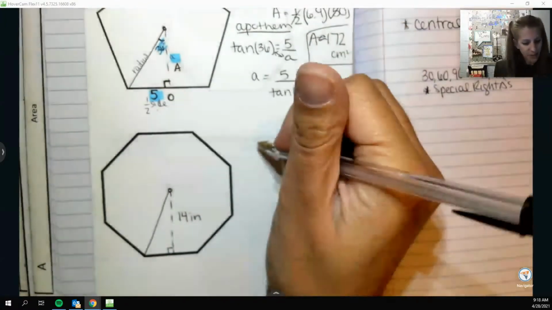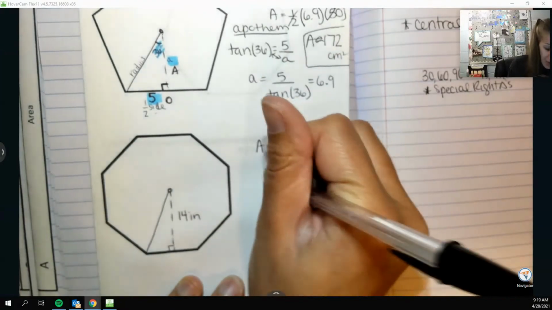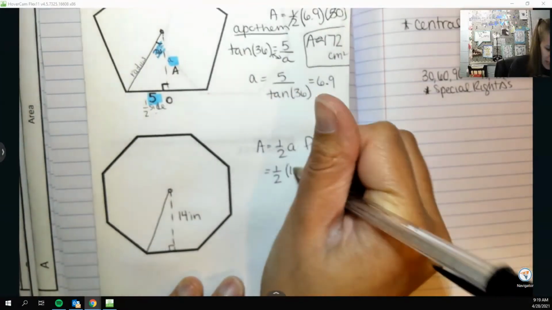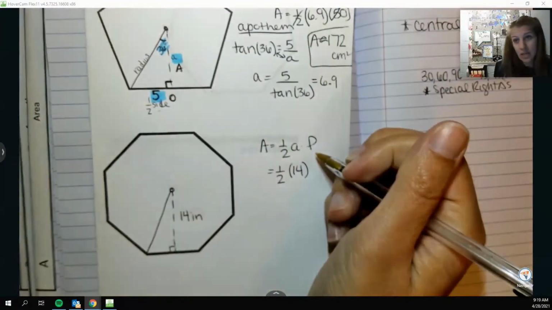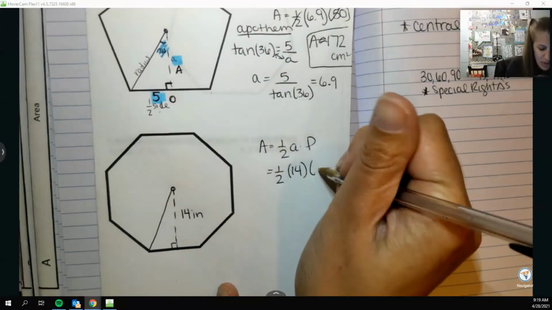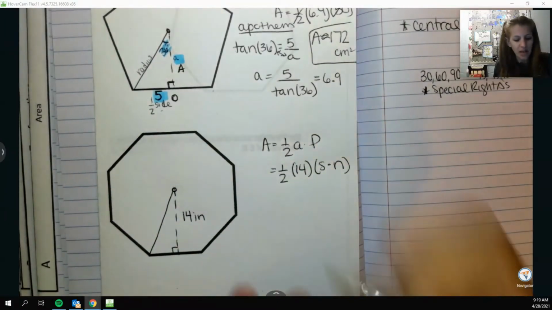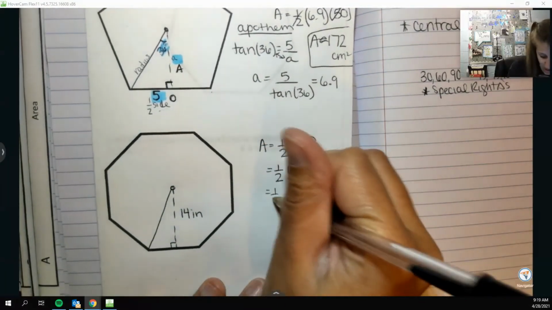And the thing is, if I want to find the area, half apothem times perimeter, I know the apothem right now is 14, but I don't know the side length, so I can't find the perimeter. And so just to remember, perimeter is side times number of sides, which I know is 8, so I guess at least I have that.